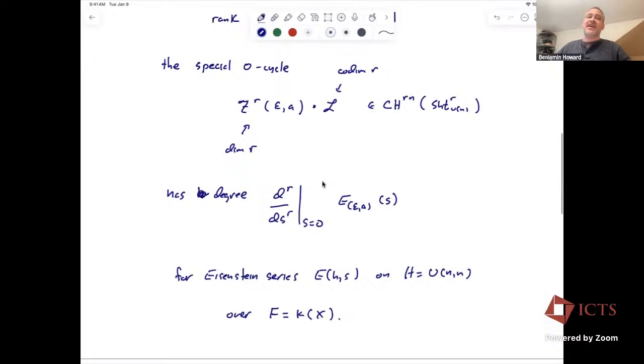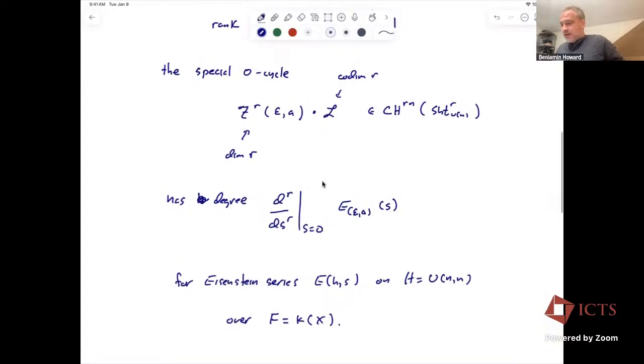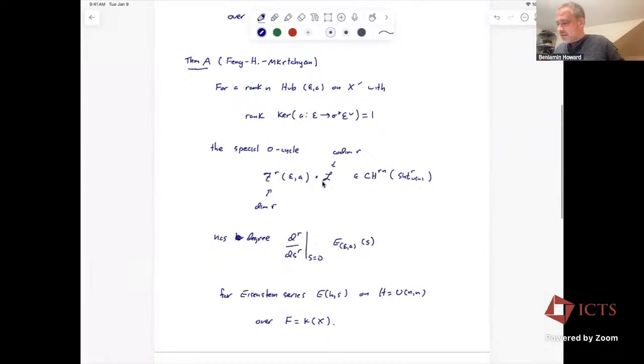So this is the exact same Eisenstein series that I defined in the last lecture. Okay, so that's theorem A.